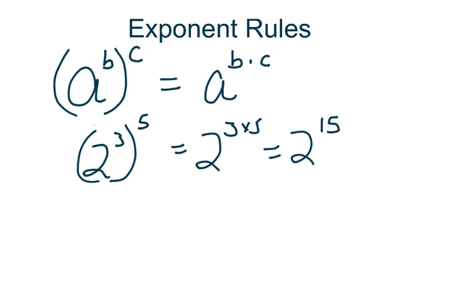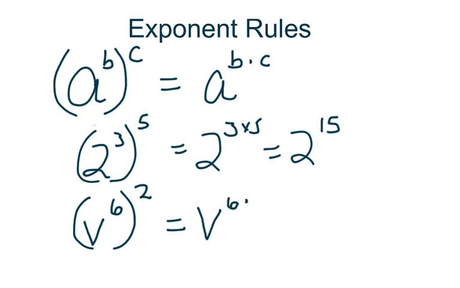The same with a variable base. If we have v to the 6th power, and that again is raised to the 2nd power, we now have a power to a power. You multiply the powers, so that is v to the 6 times the 2, or v to the 12th power.